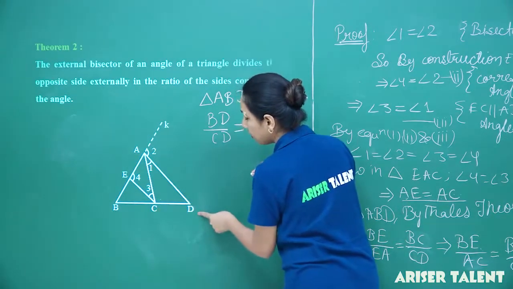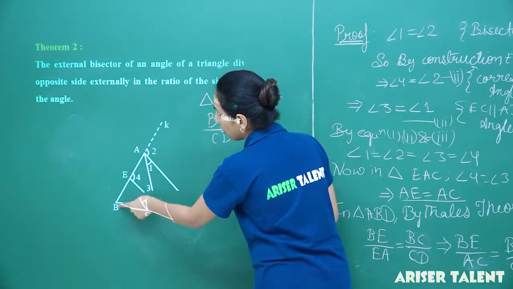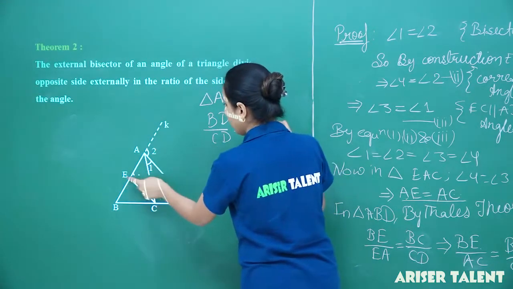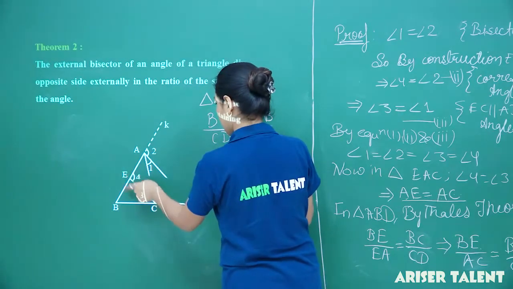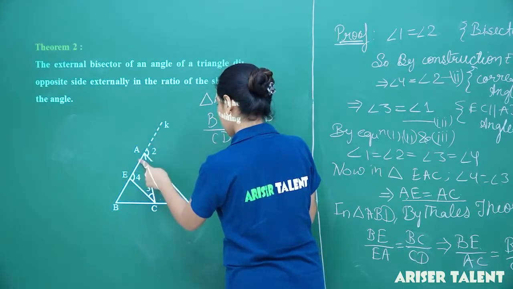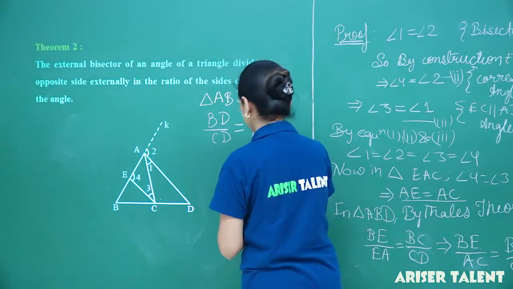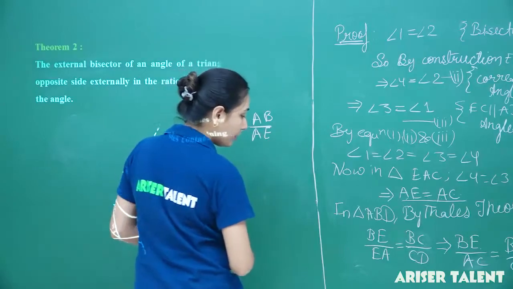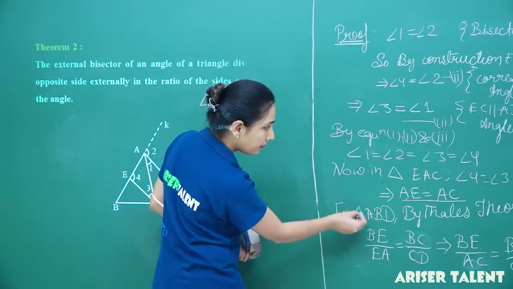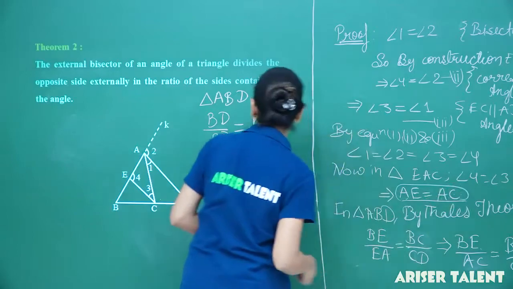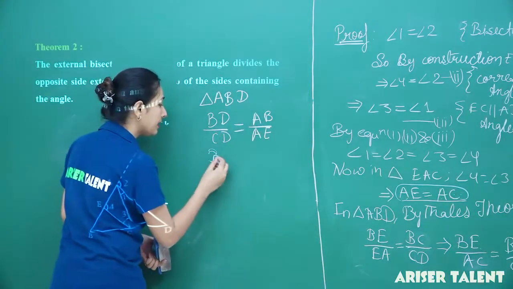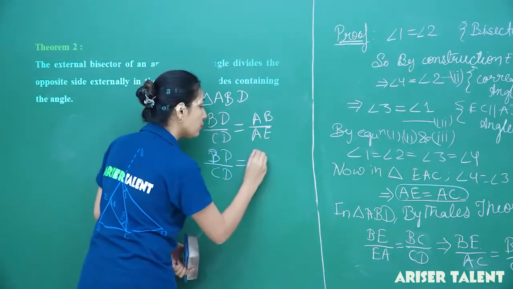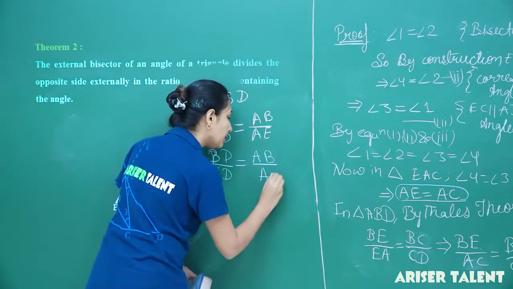This divided by this will be equal to the complete line AB by AE, this line by this. Now I can write from here AE equals AC. So I will write BD by CD equals AB by AC.